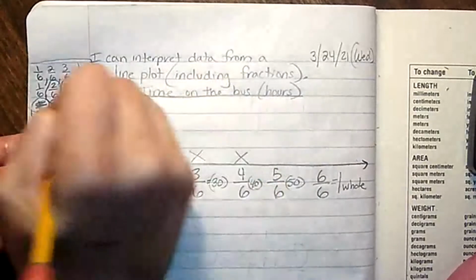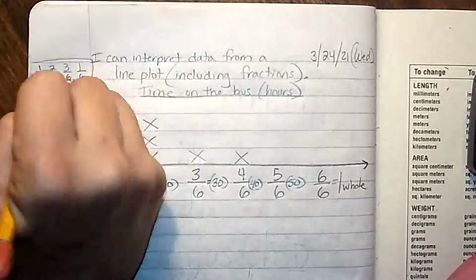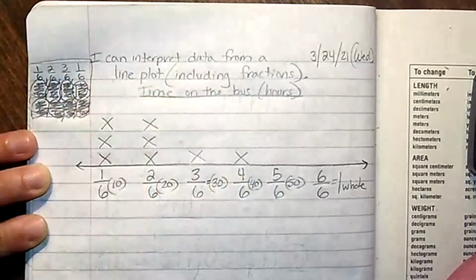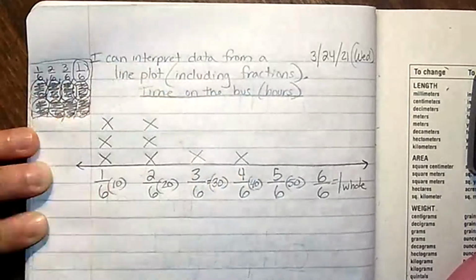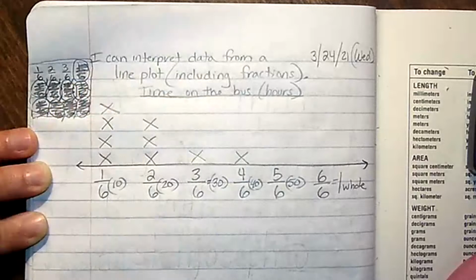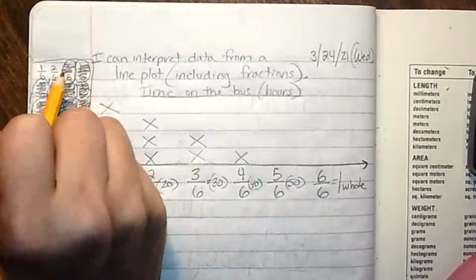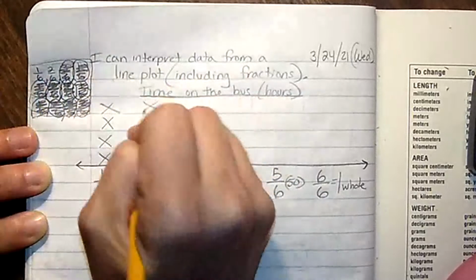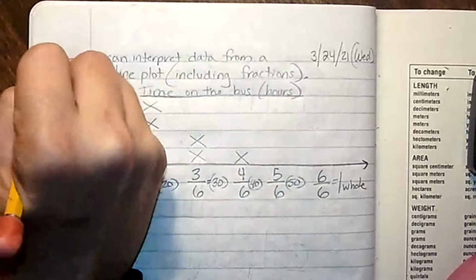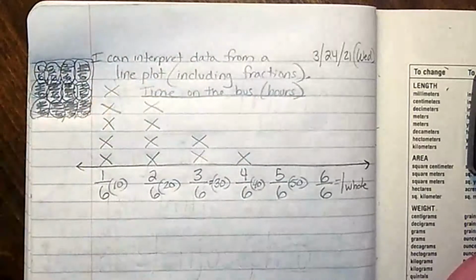Put an X, cross it off. 1/6, 1/6, 3/6, 2/6. And lastly, 1/6. So press pause until you get caught up.